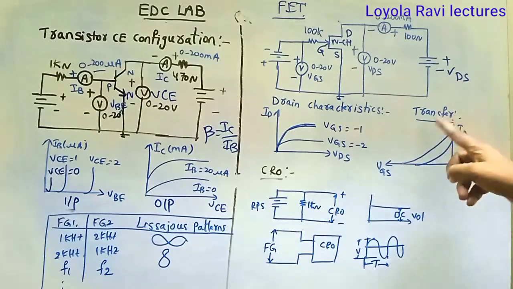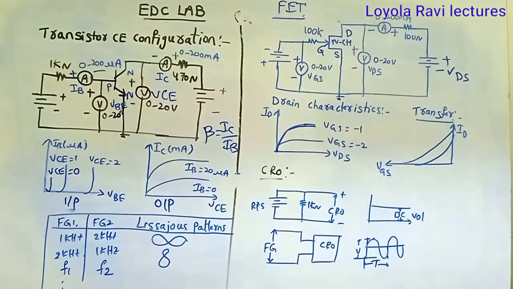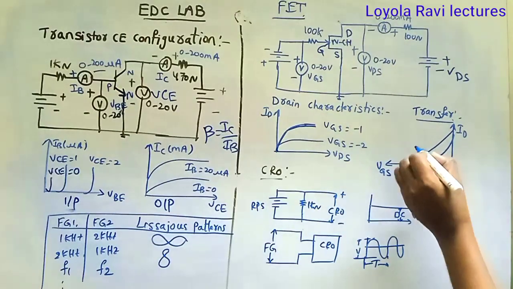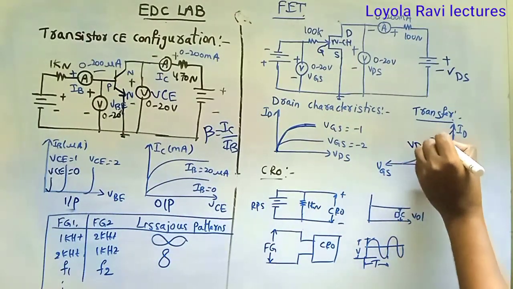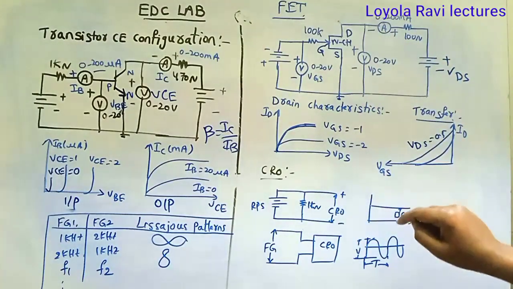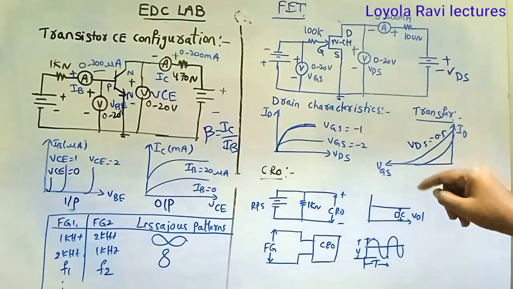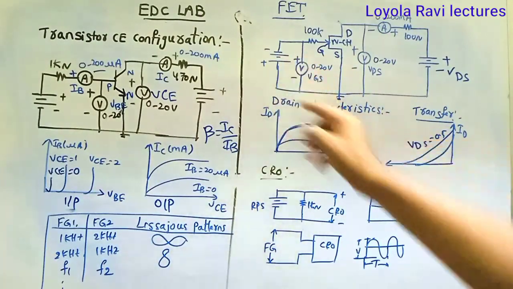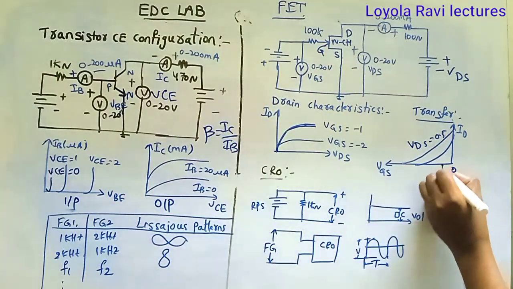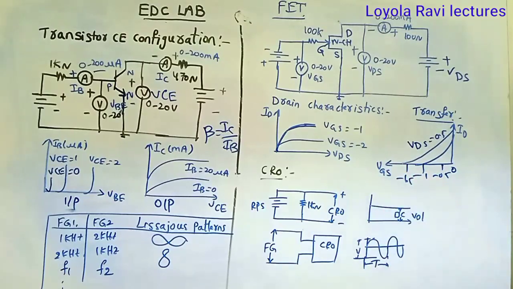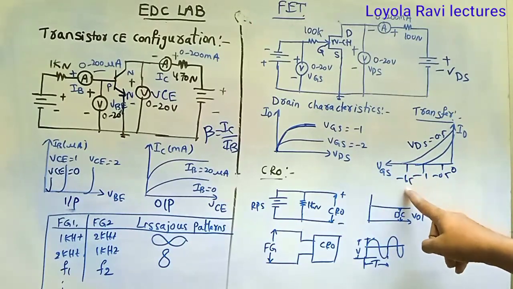Then come to transfer characteristics. The transfer characteristics are between VGS and ID. For this purpose, keep VDS constant, then come to the input side and vary VGS: -0.1, -0.2, like that, -0.5, -1, -1.5 and so on.